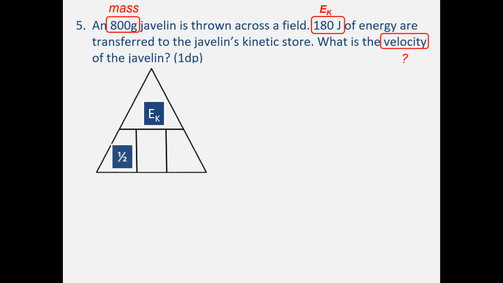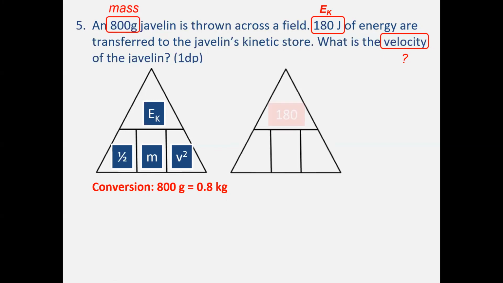So your formula triangle is kinetic energy is half times mass times velocity squared. If you're trying to find out velocity, the first thing that you would need to do is your conversion. So you've been given 800 grams, you know you should be using kilograms for mass. So 800 divided by 1,000 would give you 0.8 kilograms.